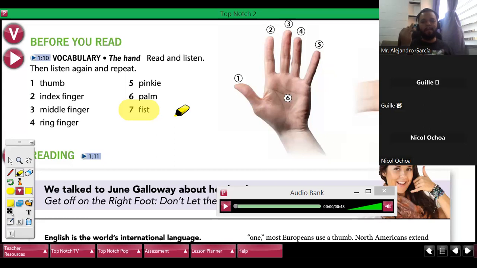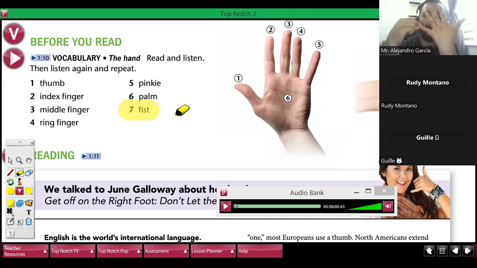The ring finger. When you get married, you put a ring on your girlfriend, right? That's why we have the ring finger. Finally, number 5. What is this one? The pinky. That's why girls make pinky promise, right?